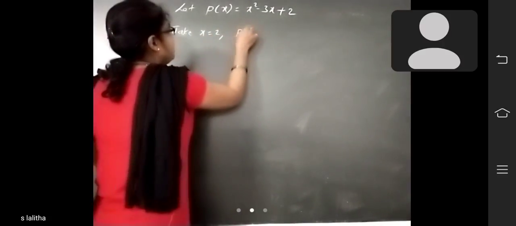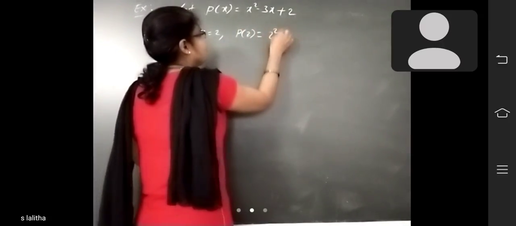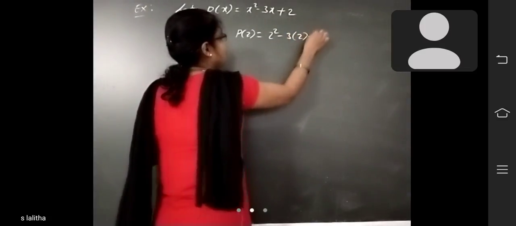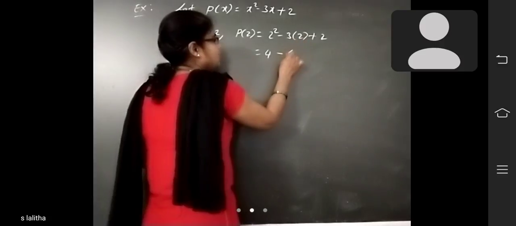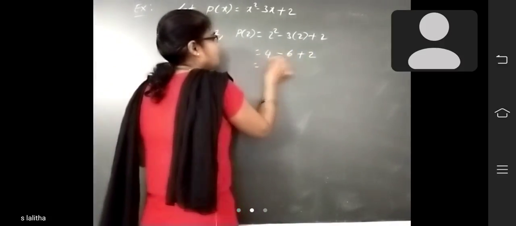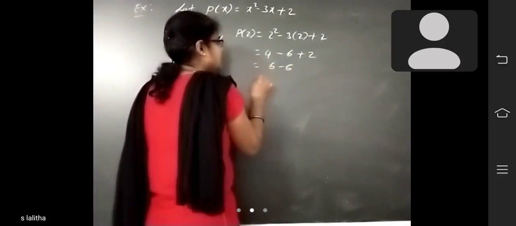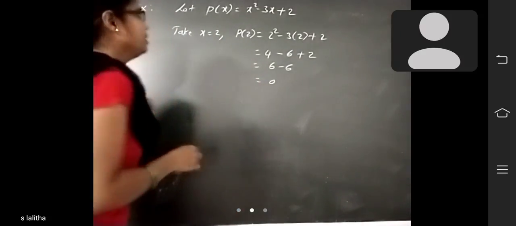Then p of 2 equal to, you can substitute x value 2. So x square means 2 square minus 3 into 2 plus 2. How much is 2 square? 4 minus 3 into 2 is 6, plus 2. So 4 plus 2 is 6, 6 minus 6, how much? 0.